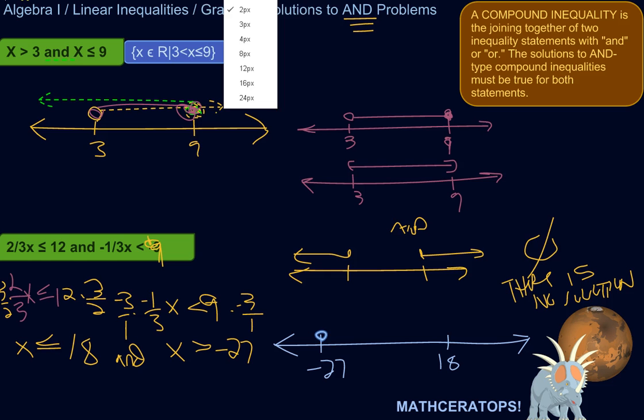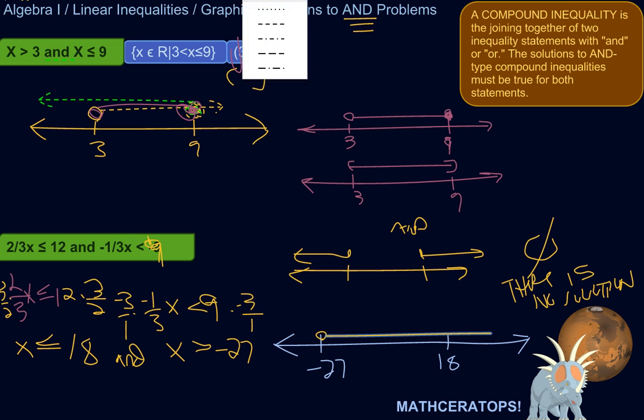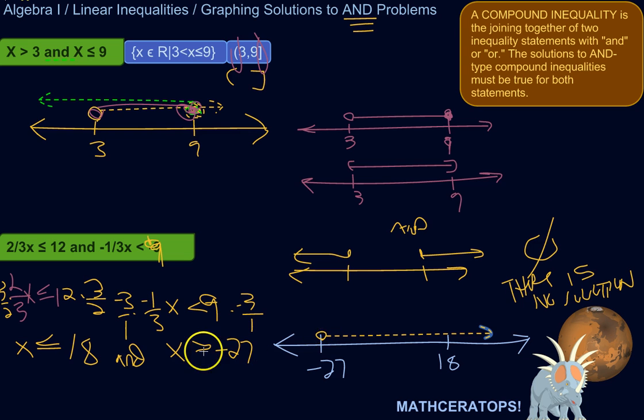So this is what just x is greater than negative 27 would look like just by itself. And then x is less than or equal to 18. So 18 counts, so I'm going to fill that in. And it's less than or equal to 18, so I'd go this way.